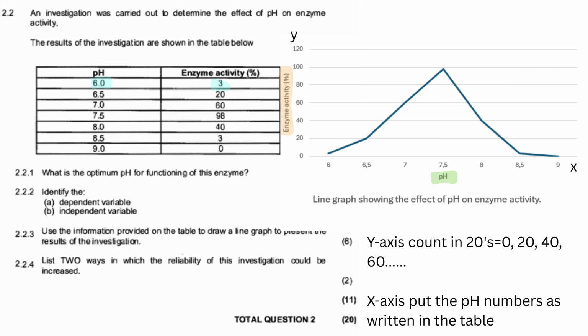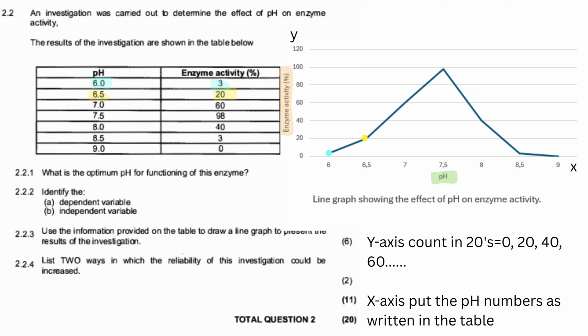After estimating the 3, you're going to plot where they meet, from the y-axis to the x-axis where it meets on 3. You're going to plot there. And then the next one is the 6.5 pH, and then you're going to plot the dot at 20, and so on and so forth, to plot your graph.